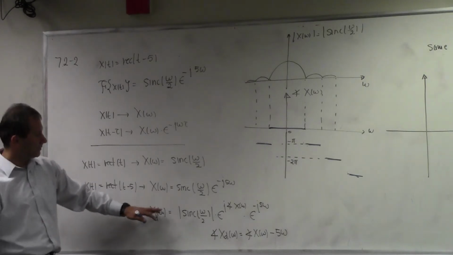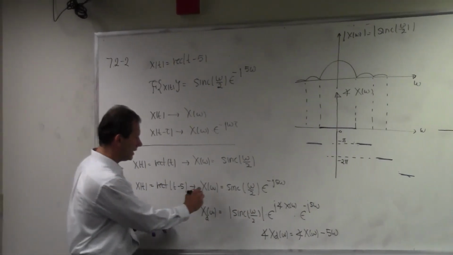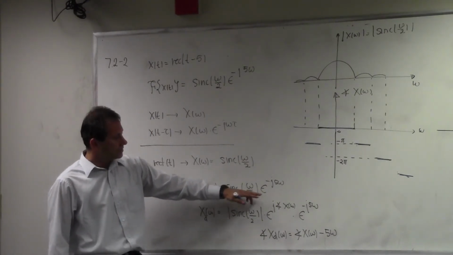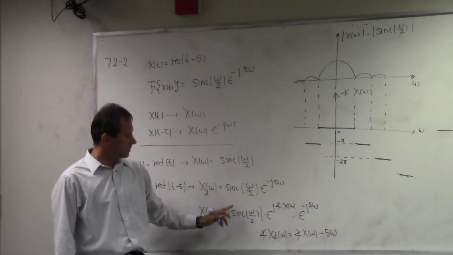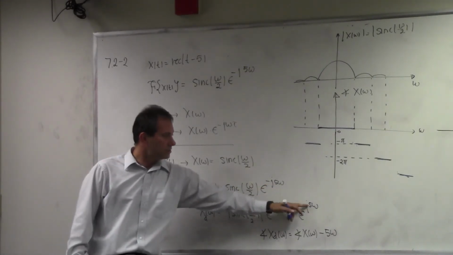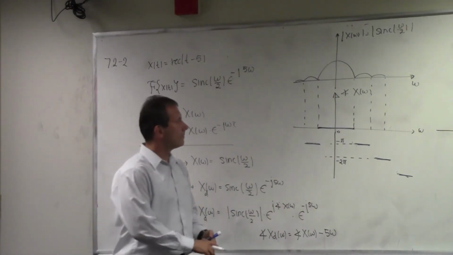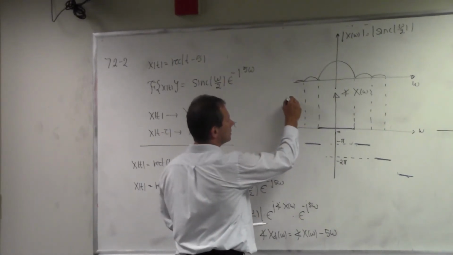Because this is the Fourier transform of the delayed signal, the Fourier transform of the original signal plus this additional term. If you represent this as magnitude and phase, then these two phases add. So now this minus phi omega looks like this.